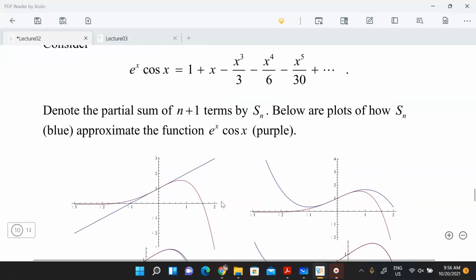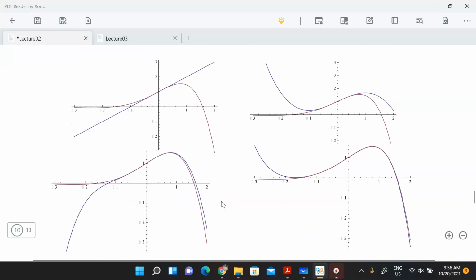Suppose this is the fourth order, and then fifth order, and so on. You can see that this almost approximates the function already, but it fails at this point. And then the higher order one approximates there. So your approximation gets better, but it still fails at some point.